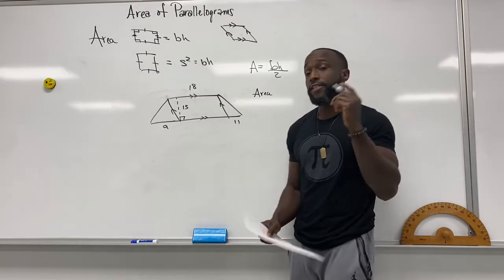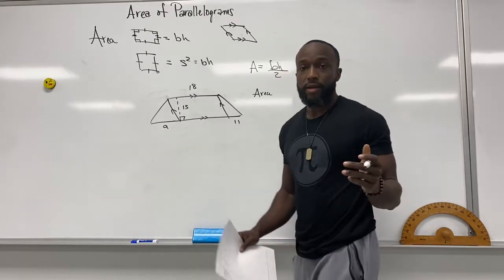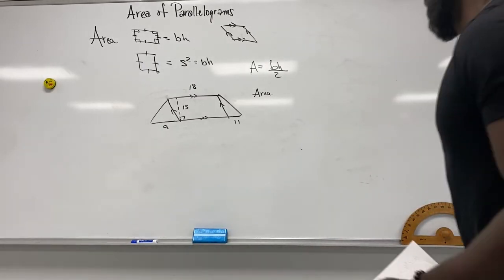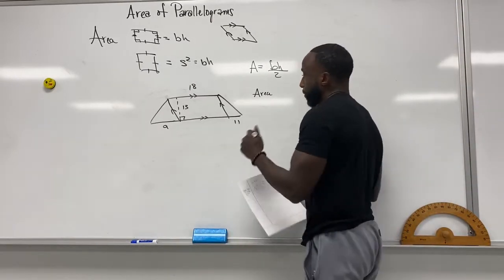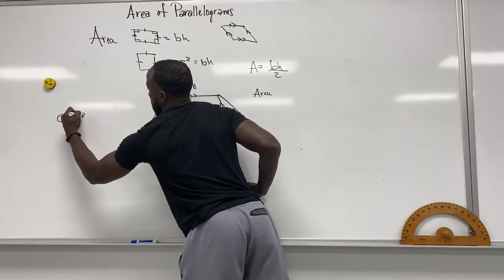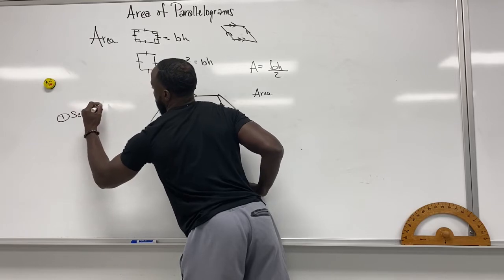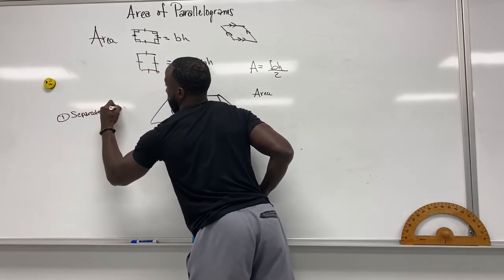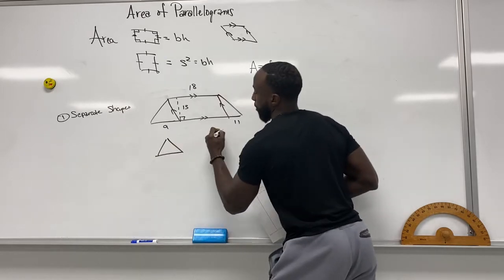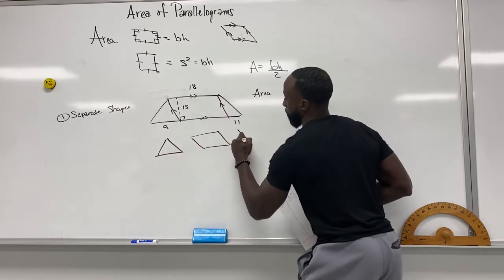All right, the first thing you want to do is separate all of your shapes. Number 1, separate the shapes. So we got a triangle, parallelogram, and another triangle.